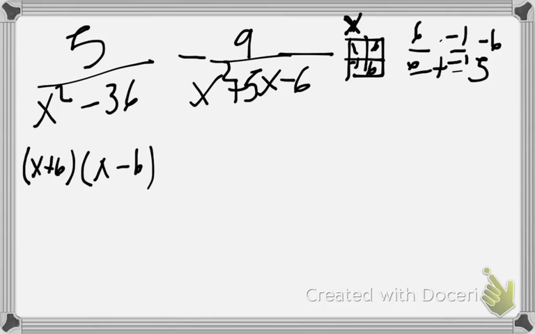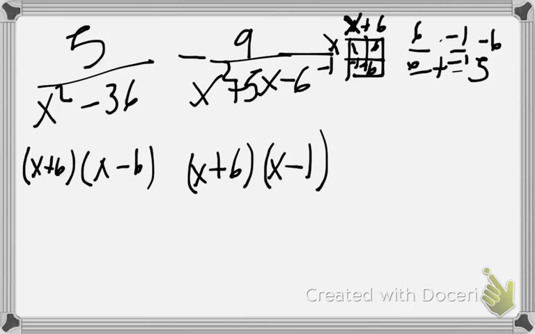It would technically be 1, but 1x is the same as x, and then plus 6 is our common multiple for this. This is supposed to be a negative sign there for the negative 6, and then this is going to be x again, and then negative 1. Okay, so now we know our factored version of this is x plus 6 and x minus 1.